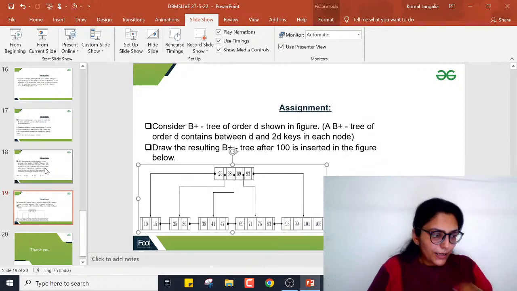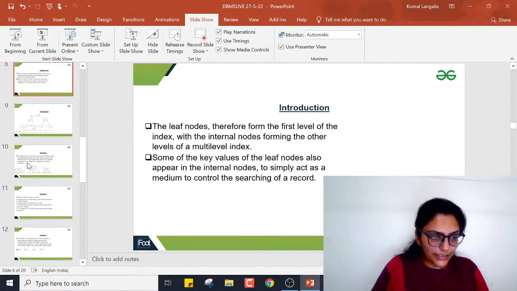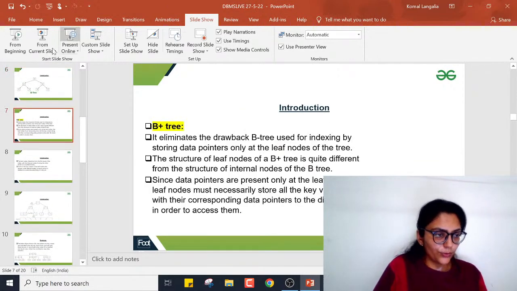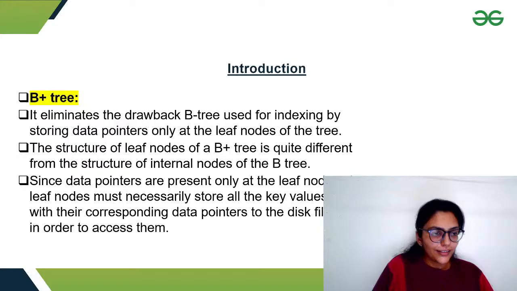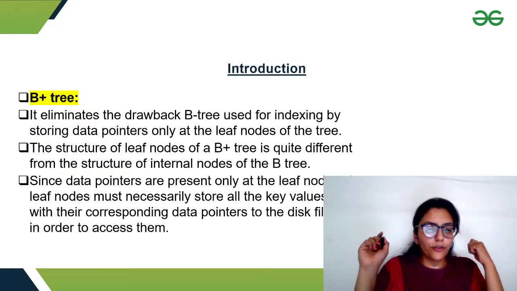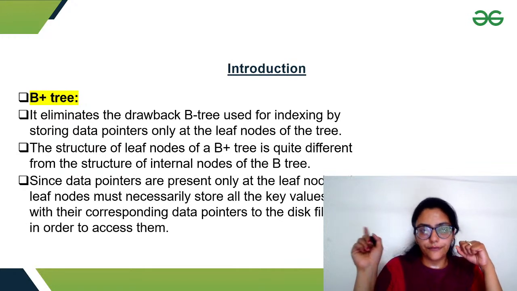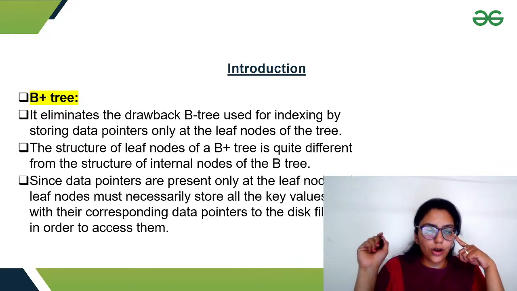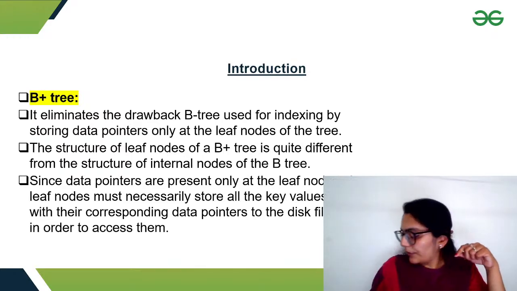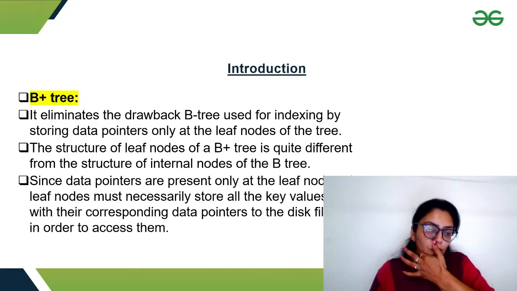Okay, so we'll be starting with B plus trees only. It eliminates the drawback of B tree used for indexing by storing data pointers only at the leaf nodes of the tree. The structure of leaf nodes of B plus tree is quite different from the structure of internal nodes of B trees.